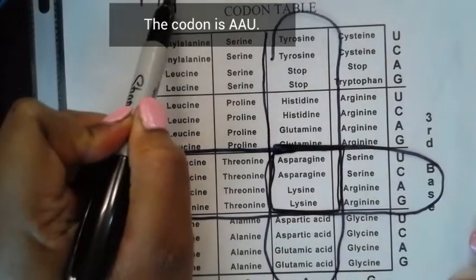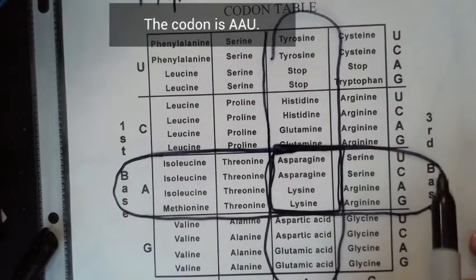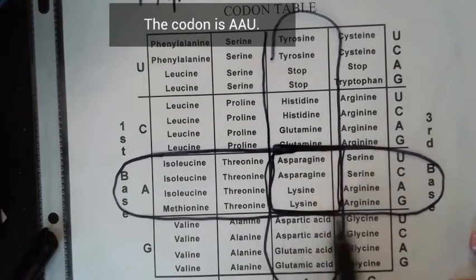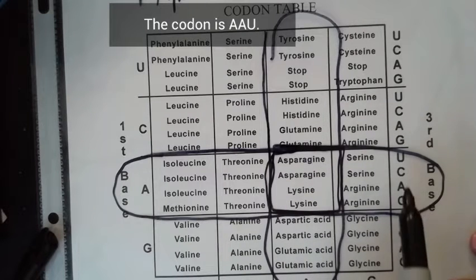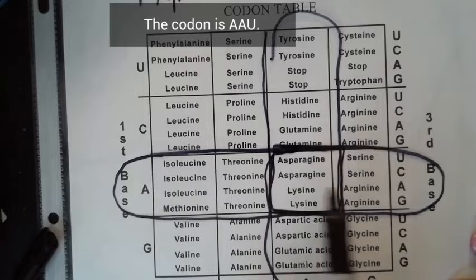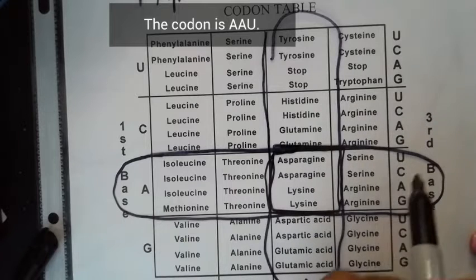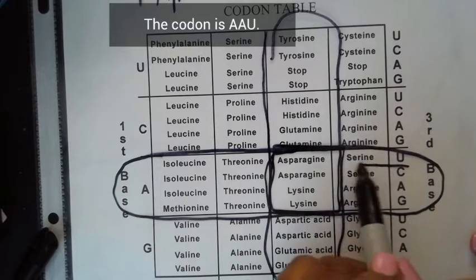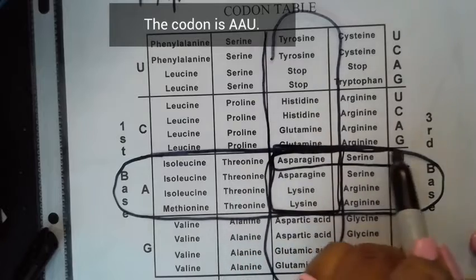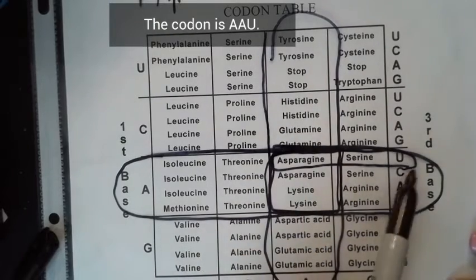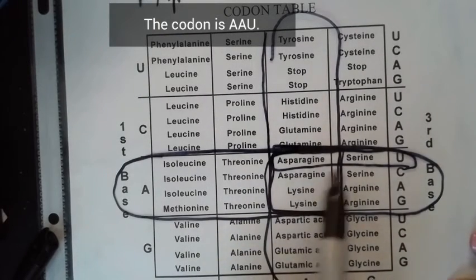My third base is U. So along this side, third base, I'm going to go to that box where my answer lies. Here are the corresponding third bases for this box. I'm going to find the one that says U, which is right here, and circle the U that applies to our box.